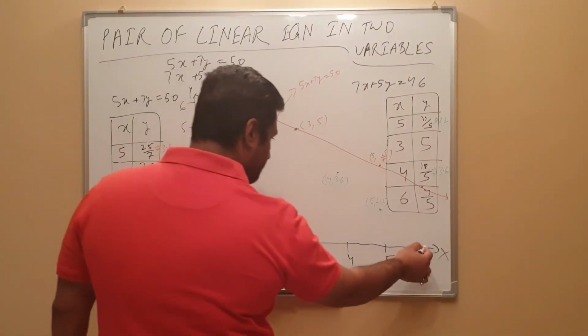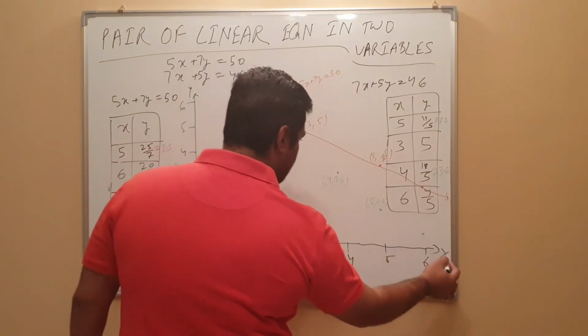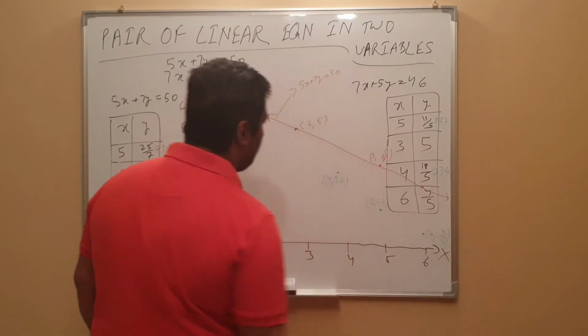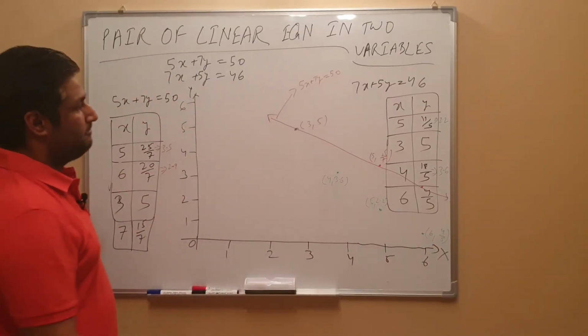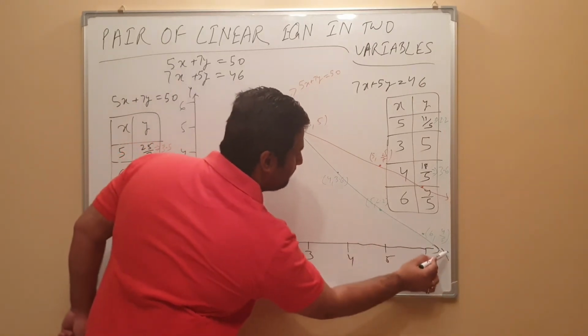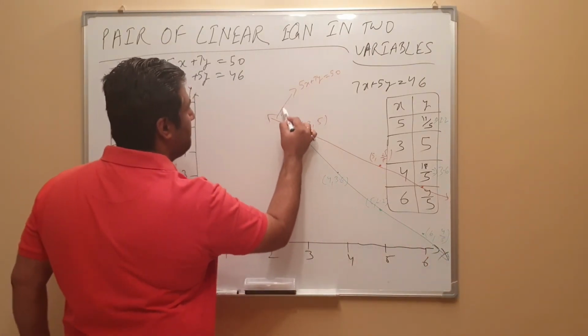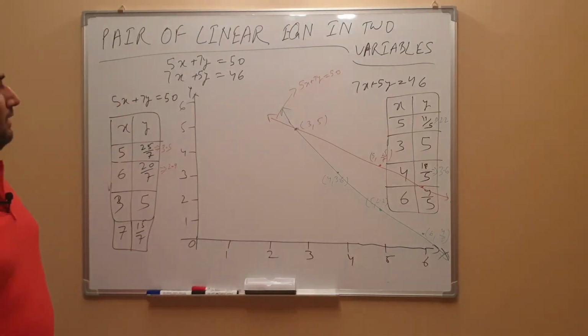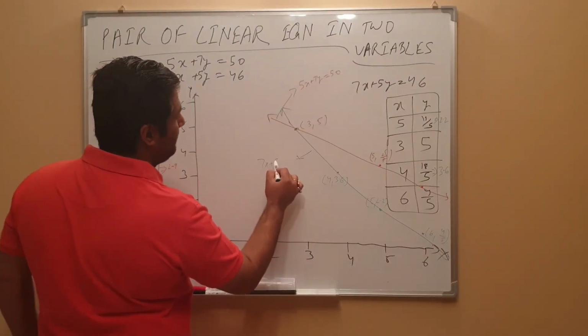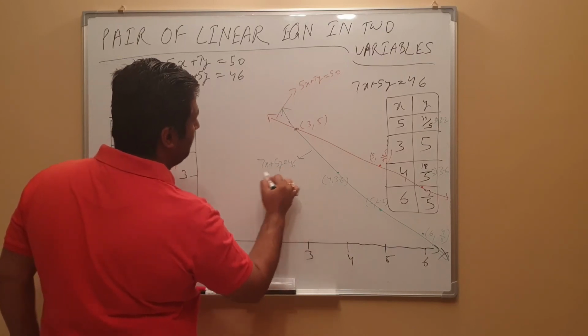So 6 and 0.8, it will come somewhere here. Okay. So now again you have to join these points like that. Now this is the graph for 7x plus 5y equals to 46.